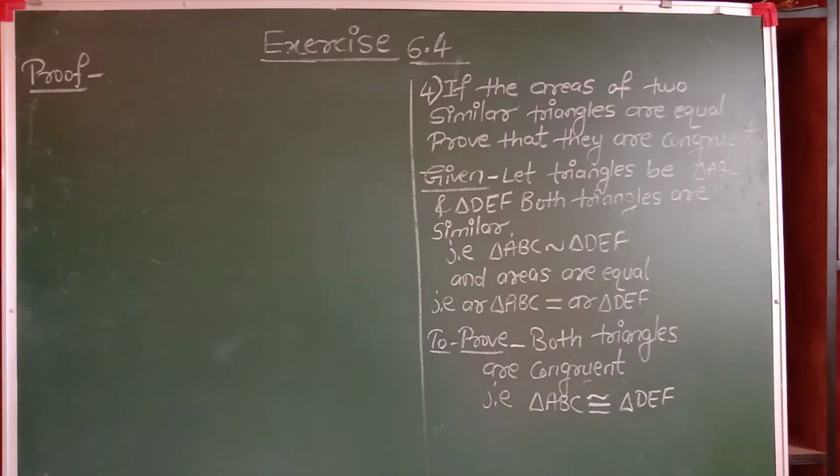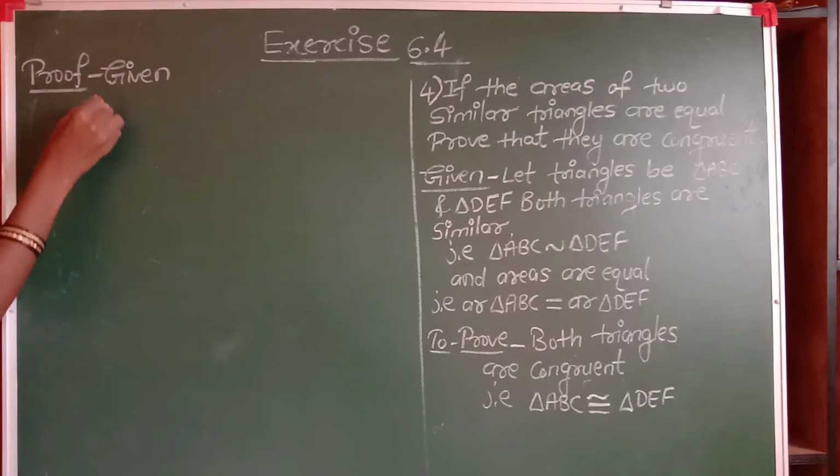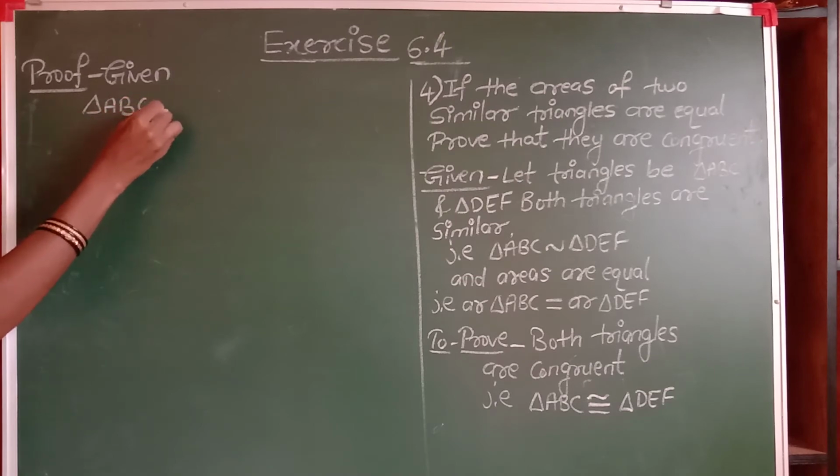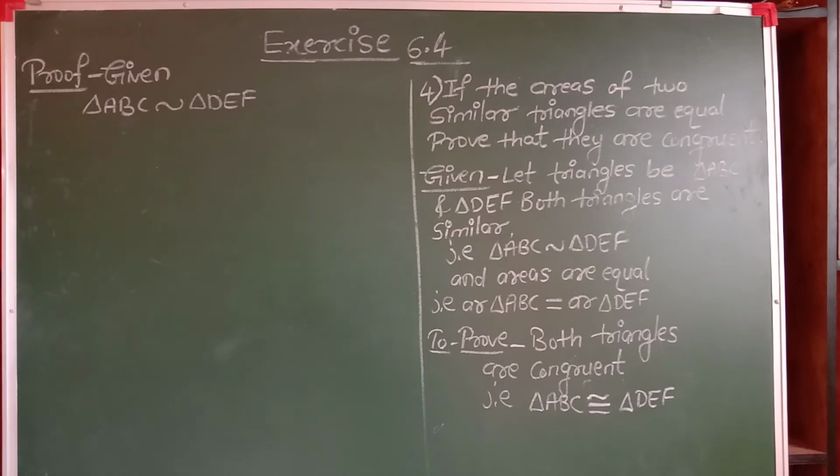Next, proof. Given: triangle ABC is similar to triangle DEF. We wrote this in example 1: if two triangles are similar, the ratio of areas is equal to the square of the ratio of their corresponding sides.